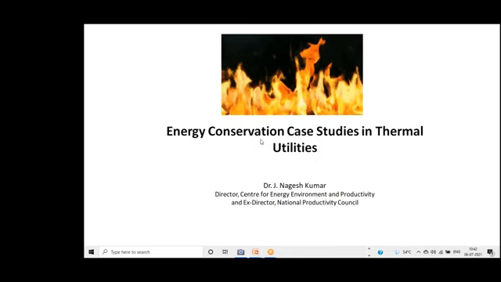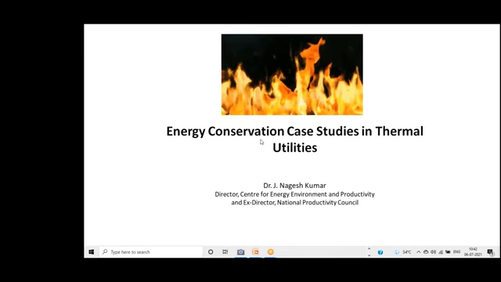When you burn the fuel, how effectively do we bring out that heat content, the calorific value? There will be losses in the first combustion process itself, when you convert the chemical energy in the fuel to heat energy. Combustion is nothing but an oxidation reaction.